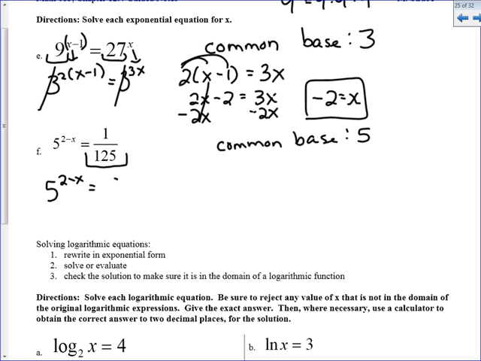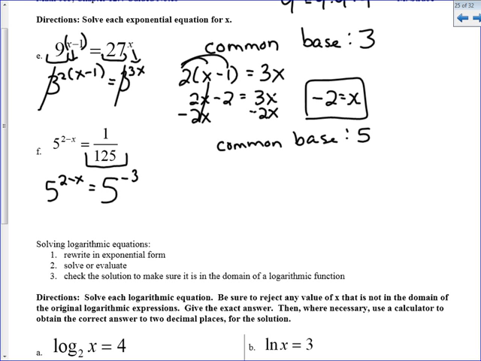So it's got to be 5 to some power. Now, how do I get a fraction? What needs to be true about that exponent to get it to a fraction? Negative. So it's going to be negative, and then 5 to what power gives me the 125? 3. So to get the fraction 1 over 125, I would use a negative 3.